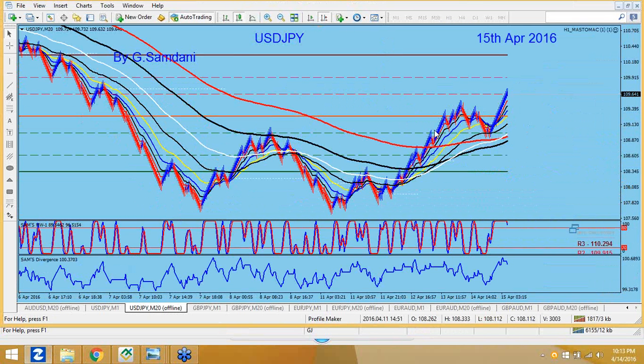This wave 1, 2, the big wave 3, and ABC correction wave 4, and this is wave 5. This is wave 5 after 1, 2, 3, 4, 5, exactly the same scenario here. This is a big version, this is a small version, right?